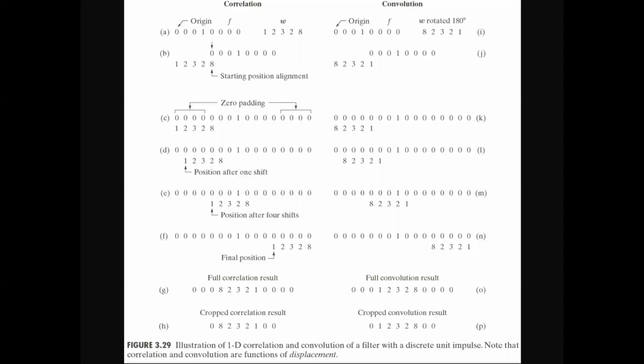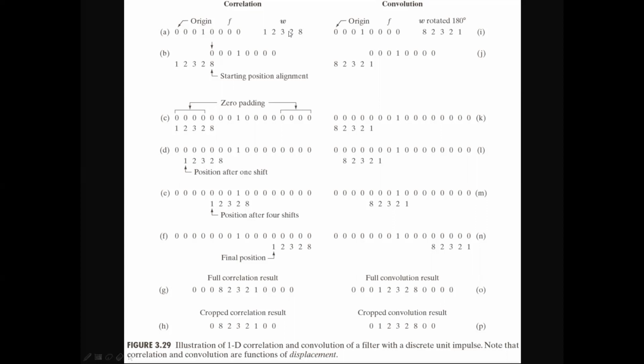In the first column, in step A, the image is f, the original image, with values 0 0 0 1 0 0 0 0. On this we are going to perform correlation with a filter whose coefficients are 1, 2, 3, 2, 8.